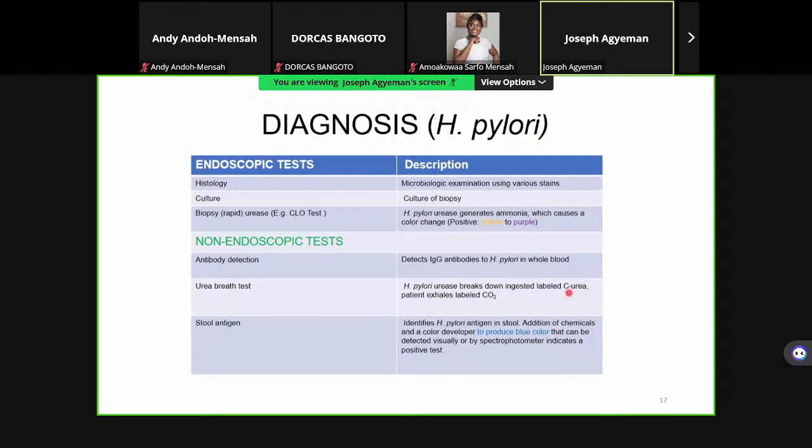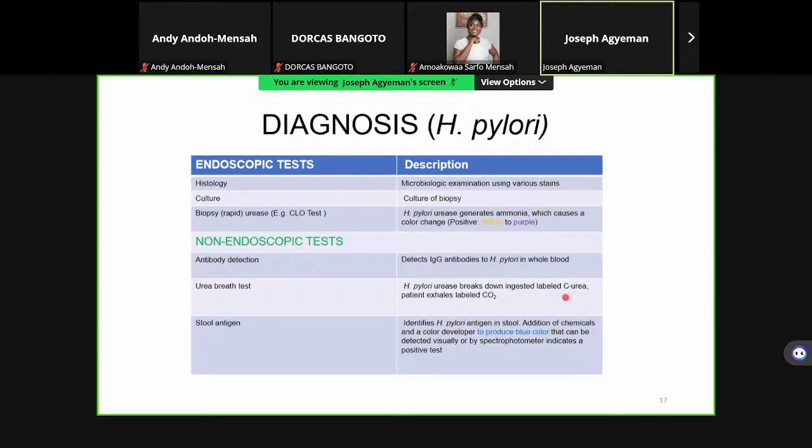It will be labeled. So you give it to the person, and then you give the machine to the person, that the person will breathe out into. Because if the urease is in there, when the person swallows this kind of urea, the urease will act on the urea and break it down to carbon dioxide and ammonia. Carbon dioxide is a gas.